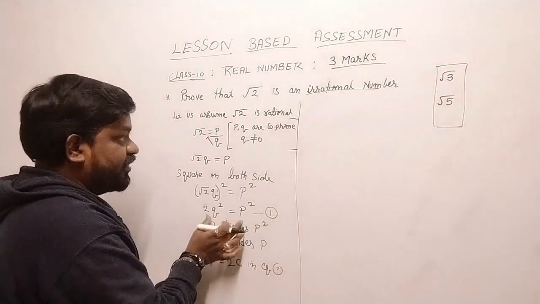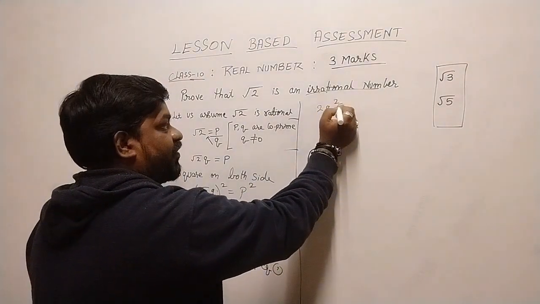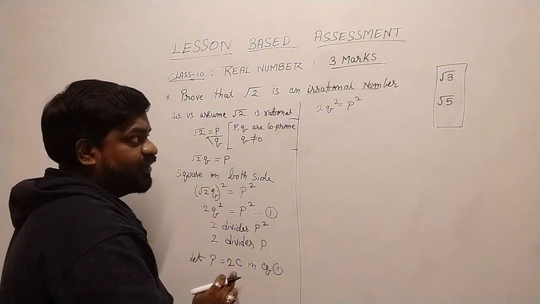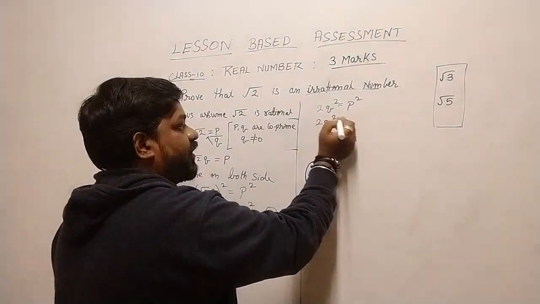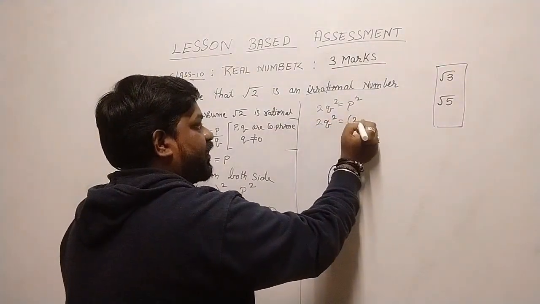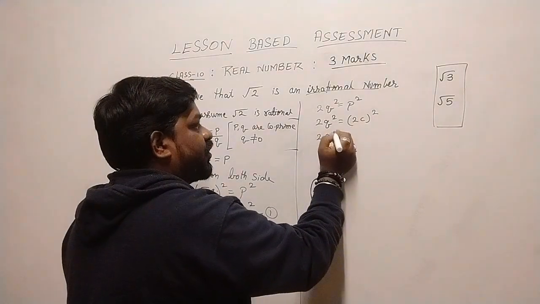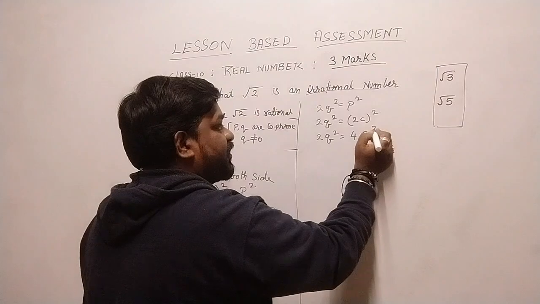After this, take p as 2c in equation 1. This is our equation 1. In equation 1, in place of p, write it as 2c. c is a constant that we are adding. 2q square equals 2c whole square. 2q square equals 2 square is 4c square.